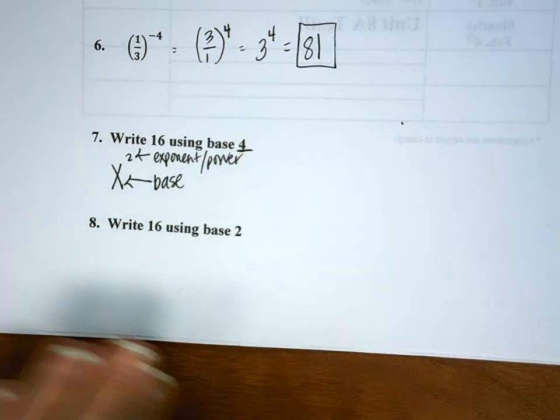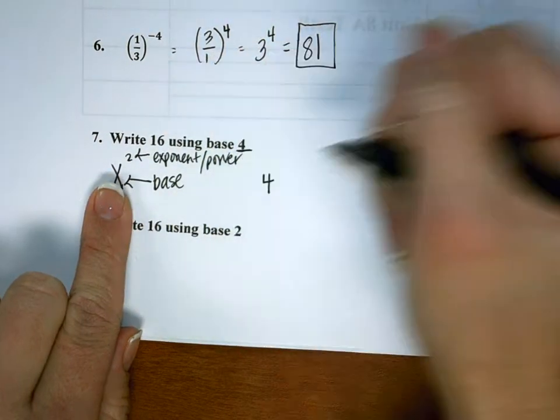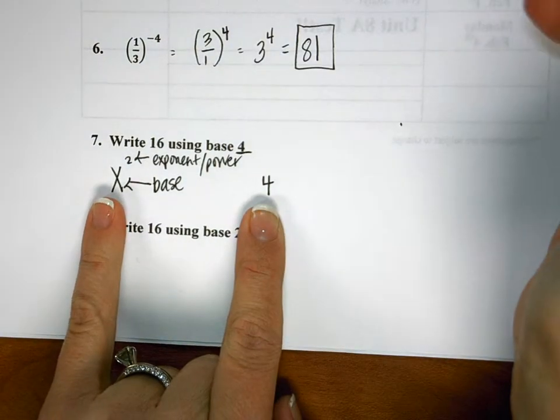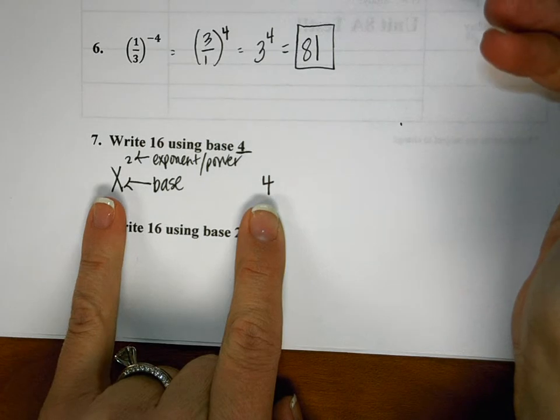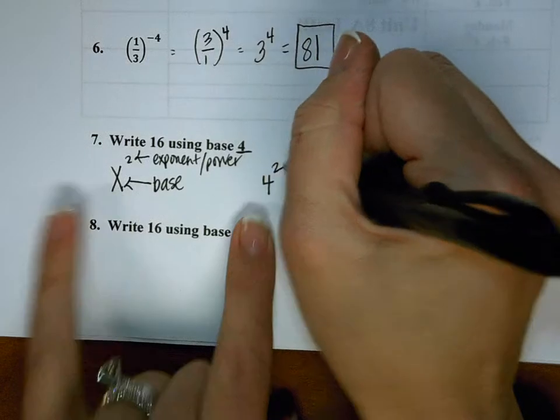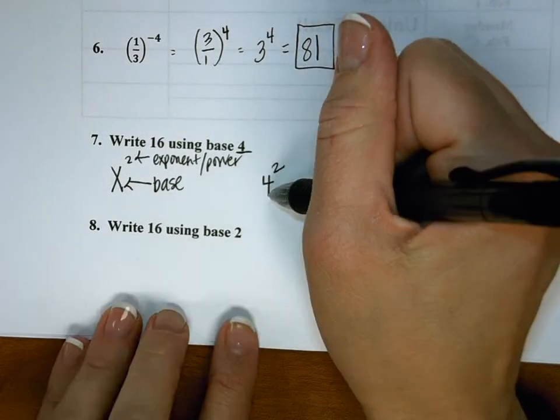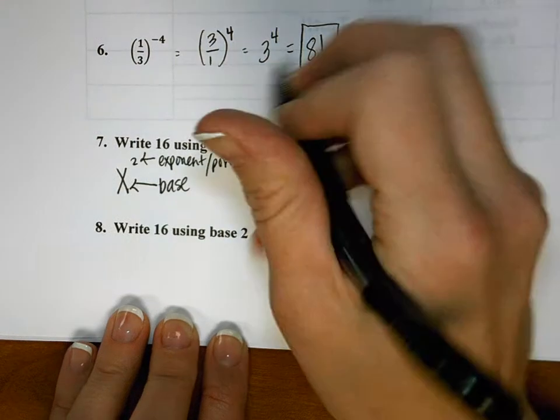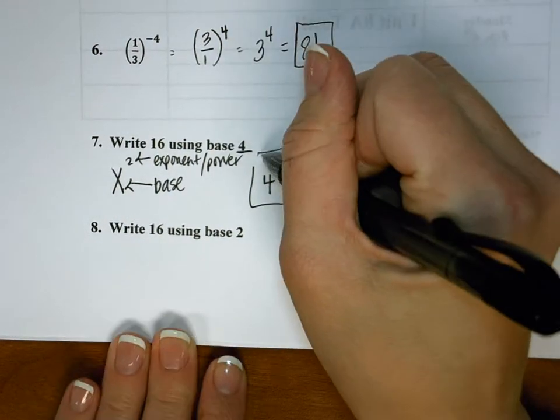So if they want you to write 16 using base 4, they want 4 in this spot, and it's saying 4 to what power will make 16? 2. So that is my answer. So they're wanting 4 to be the base, and they're saying what exponent are you going to need in order to make it 16? So 4 to the 2nd is correct.